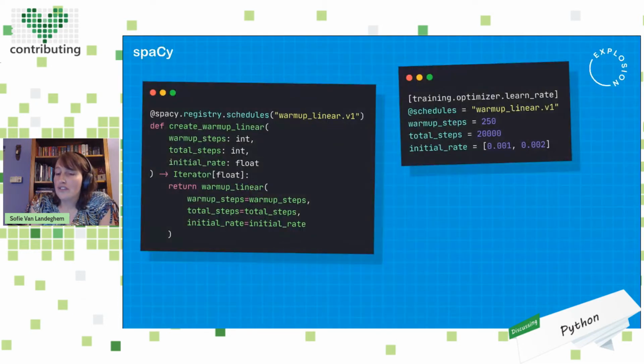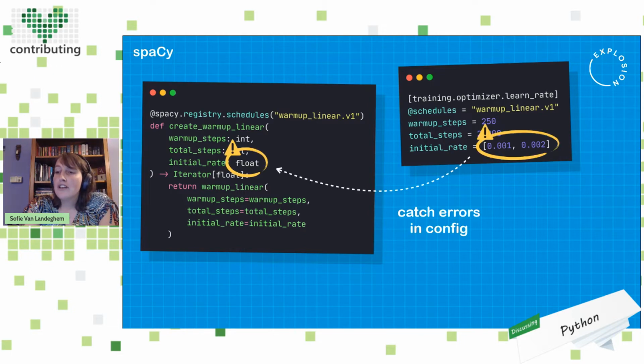So to give you just a quick example, we don't need to go through all of this, but let's say that we have this warm-up linear function where one of the parameters is an initial rate parameter that needs to be a float. And let's say that the user, by accident, had a list of floats there.